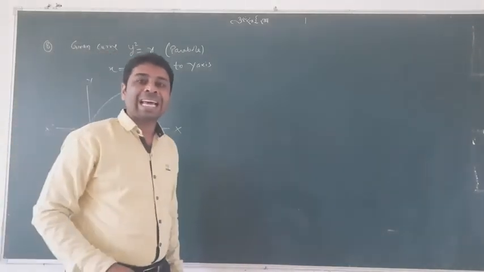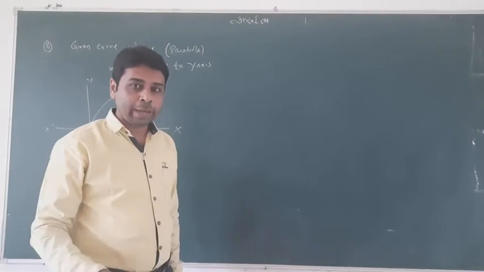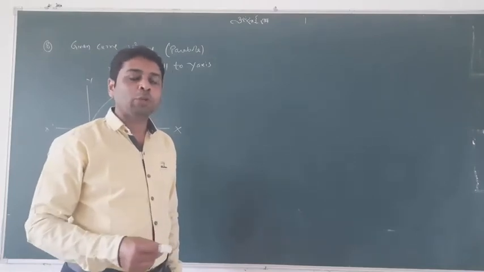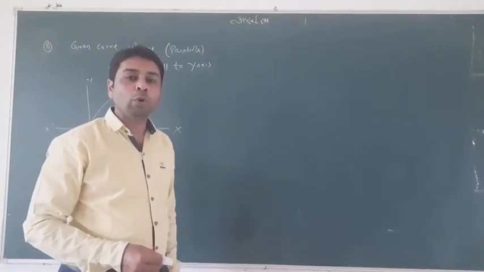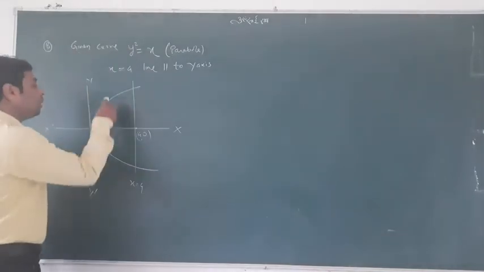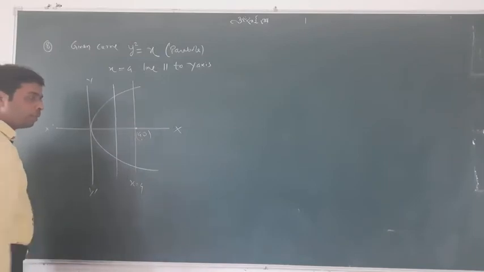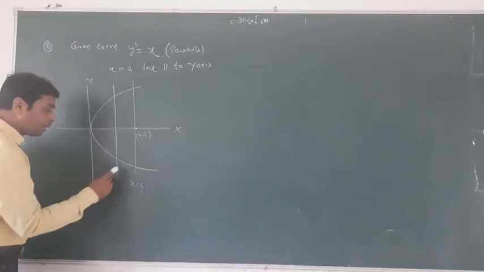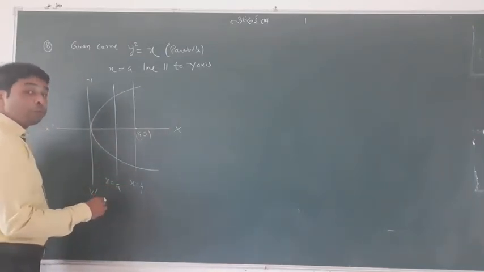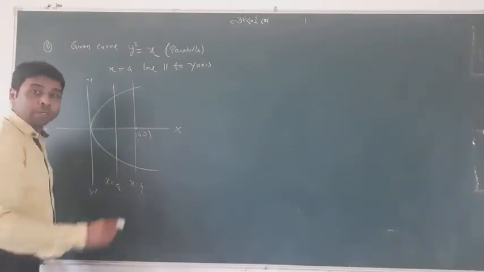According to the question, the line x equal to a, it is also parallel to the y-axis, divides the whole area into two equal parts. Meaning, suppose a line is passing from here, and this is the point x equal to a. The line divides the whole into two parts.